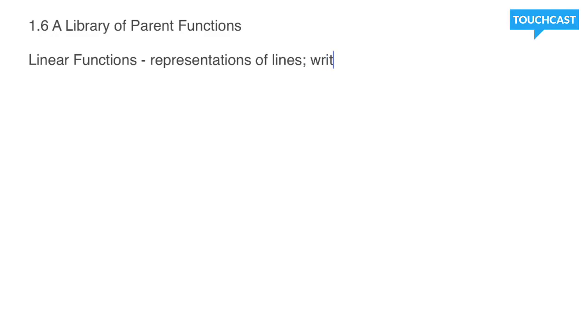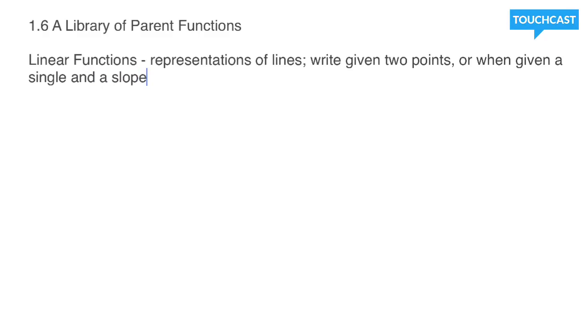And we can write them when we're given 2 points or when we're given a single point and a slope. As a reminder, we can write linear functions in the form f of x is equal to mx plus b.